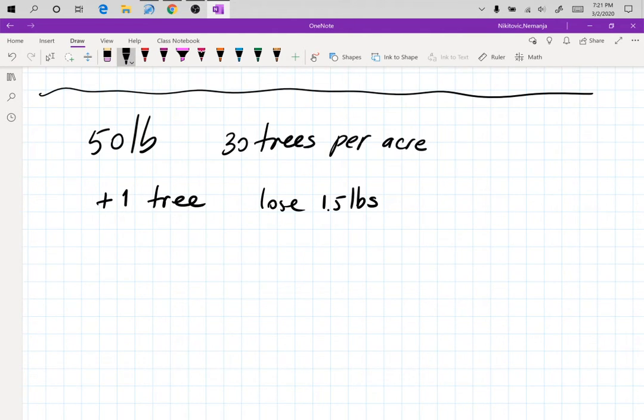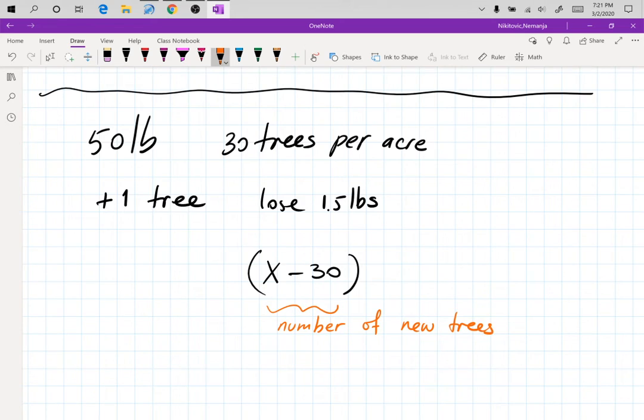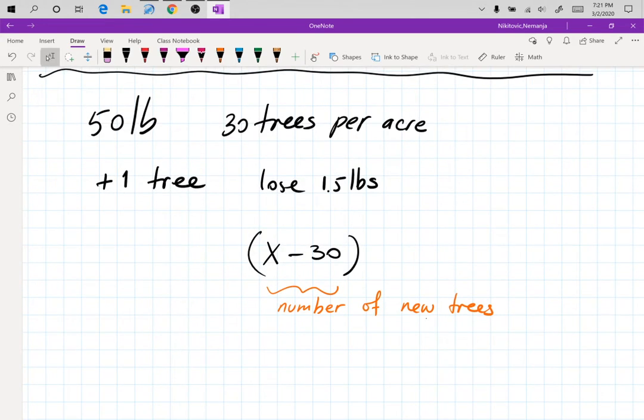So we are going to say x, the amount of trees, minus 30. So this part over here gives me just the number of new trees.